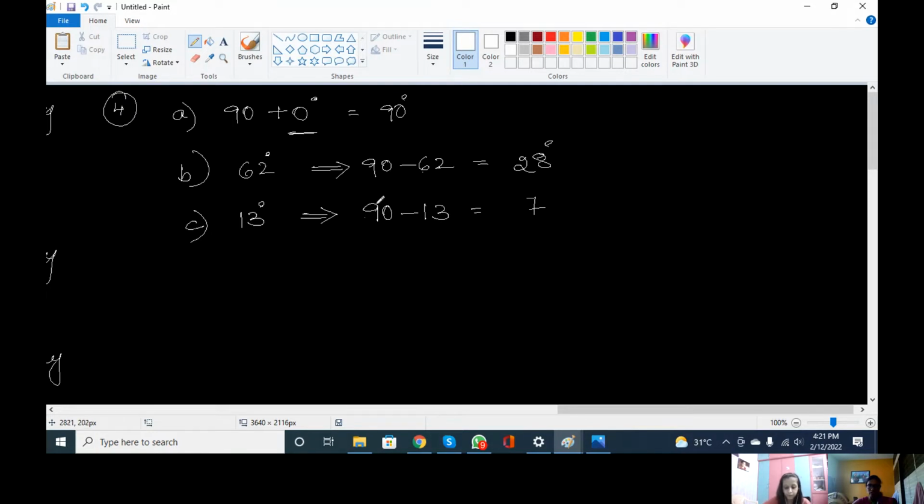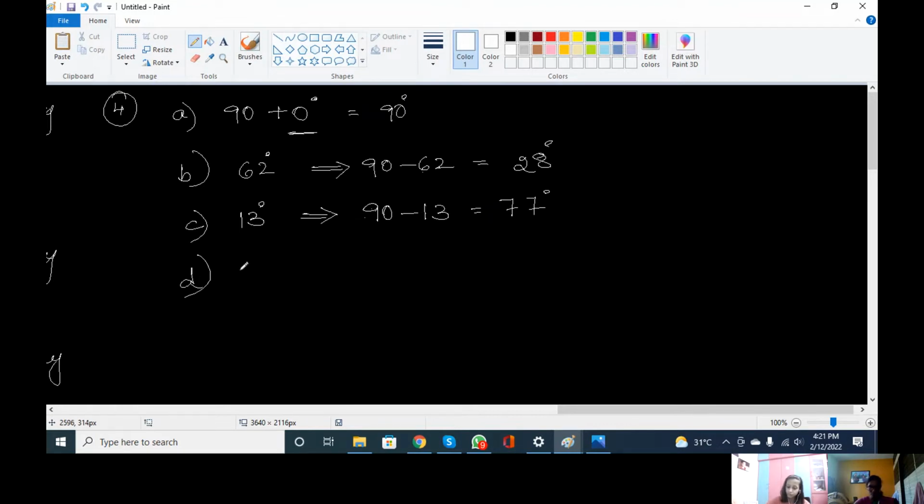Here 8 will be there. 8 minus 1 is 7. So 77 degrees. So for 13 degrees, the complementary angle is 77 degrees.